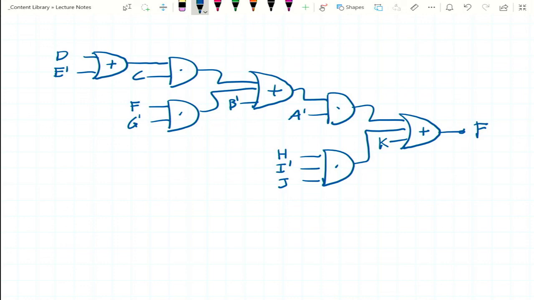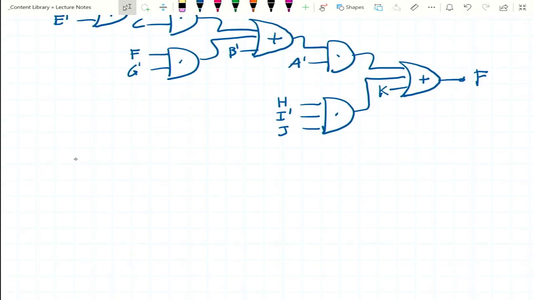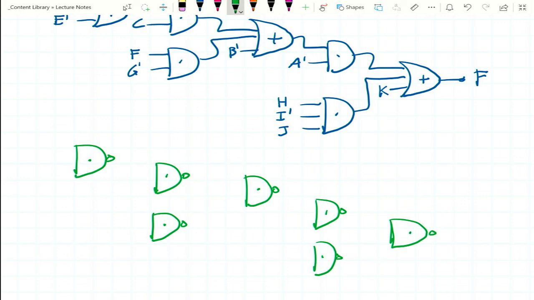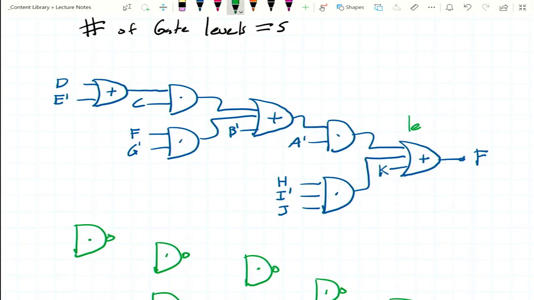And let's see. Let's do this. Let's use a different color. First thing we do is just convert all the gates. Just like that. And now if we remember, we started with level 1, level 2, level 3, level 4, and level 5.